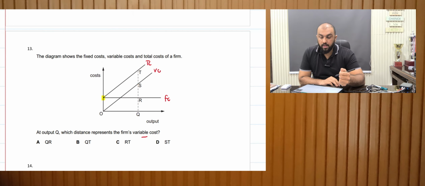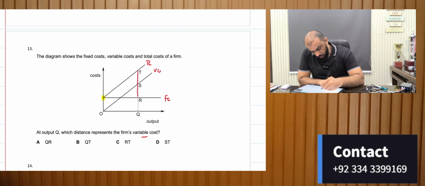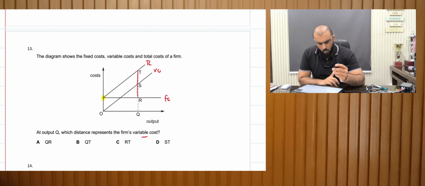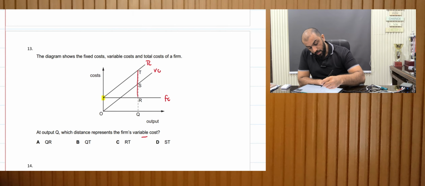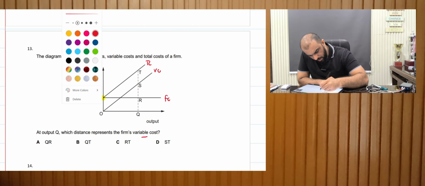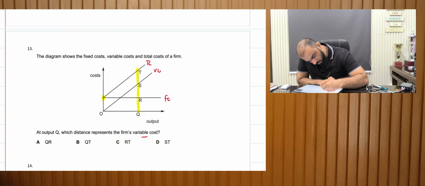So let's look at another way. The distance from T to R would also be my variable cost, right? Why is that? Let me just give you an example. This is my entire total cost, right? This entire highlighted area in yellow.